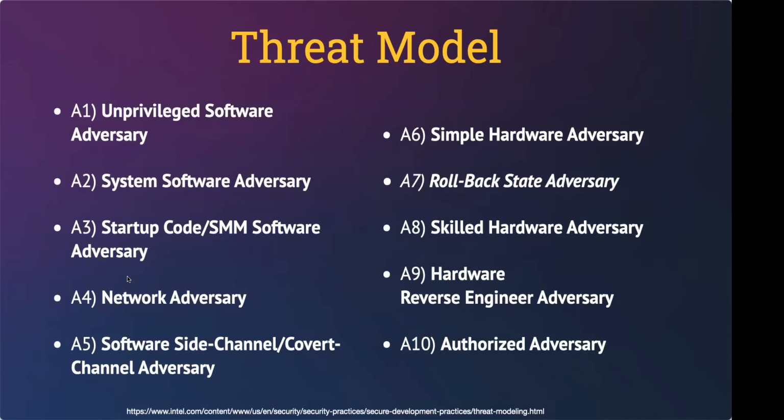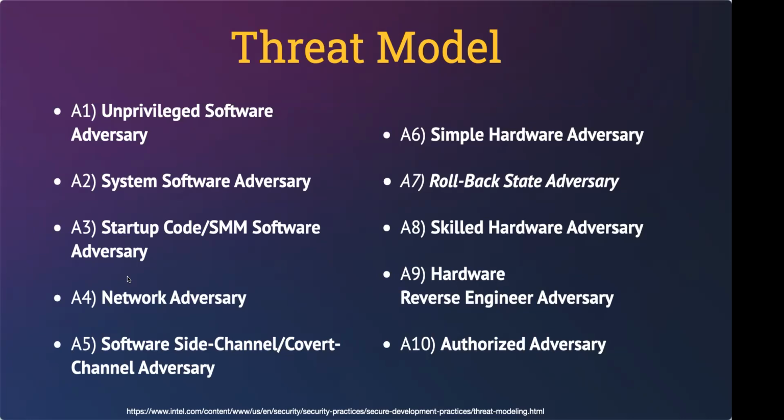So in our research and our work, we use a certain threat model, actually one from Intel. In the Intel model, there are 9 levels of adversaries that one looks at. We add one more level, the rollback state adversary.